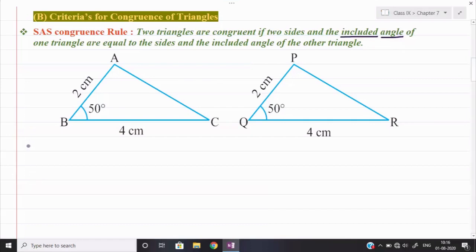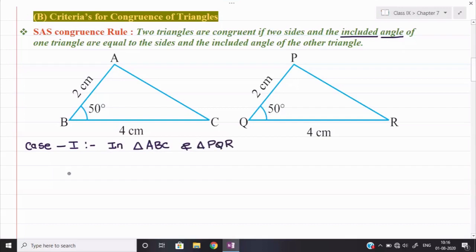So what different cases are possible? Meaning, how can we get the triangles to be congruent under the side angle side congruency theorem? So first case: in triangle ABC and triangle PQR, let us see what is possible.